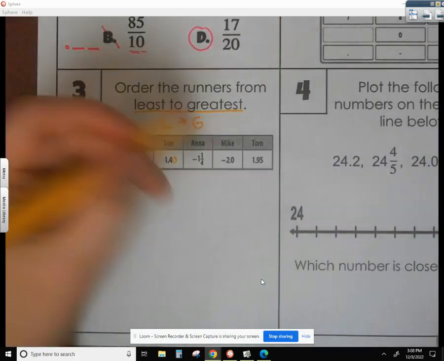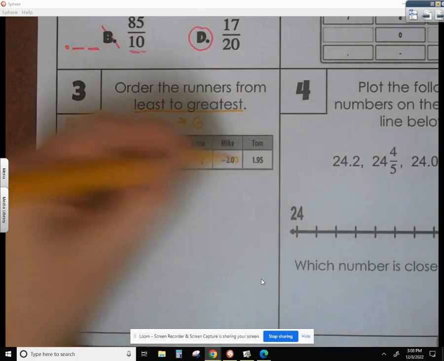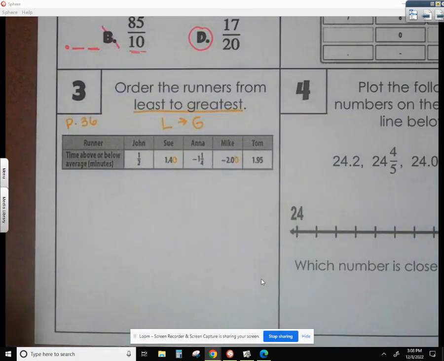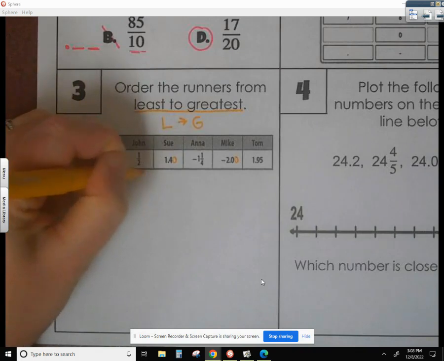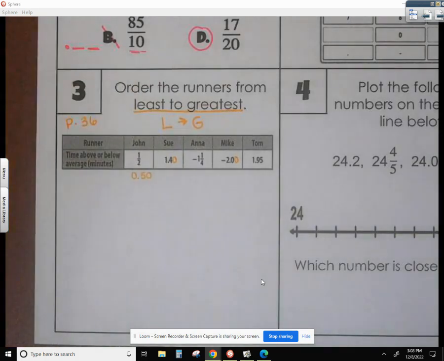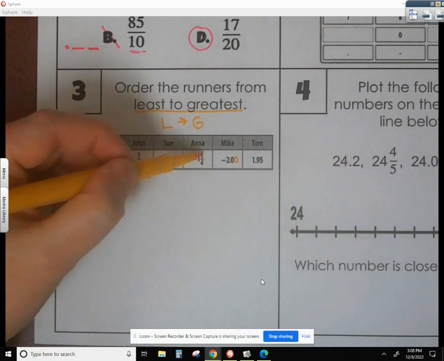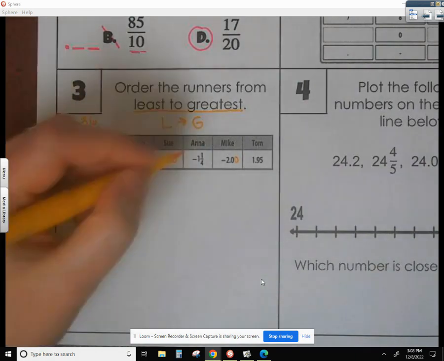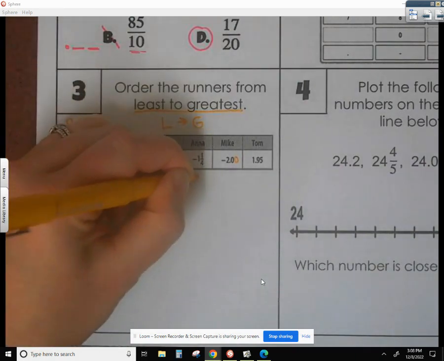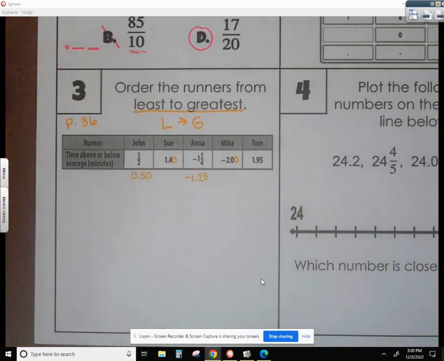That's $1.40. Mike is easy because I can add a 0. That's negative $2. Tom is technically the easiest. We didn't have to do anything there. $1.95. Now 1/2 is a benchmark that we're supposed to know. Half of a dollar is 50 cents. And then 1/4 of a dollar is 25 cents. So this would be negative $1.25.